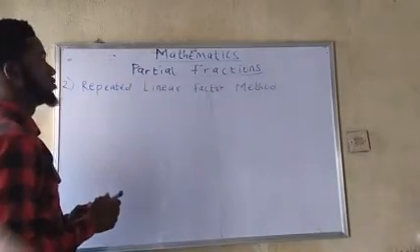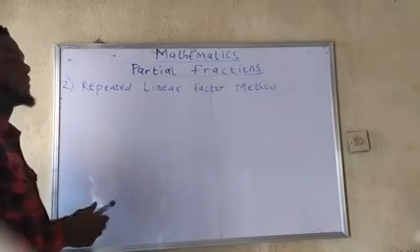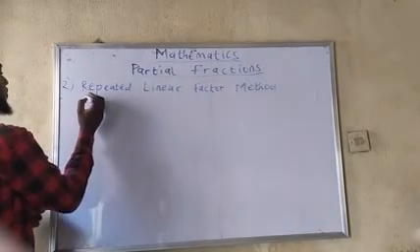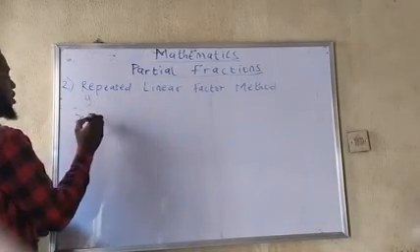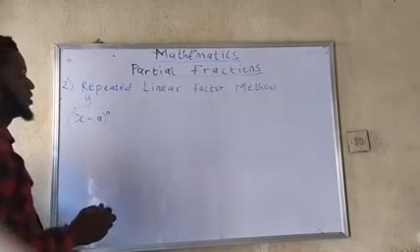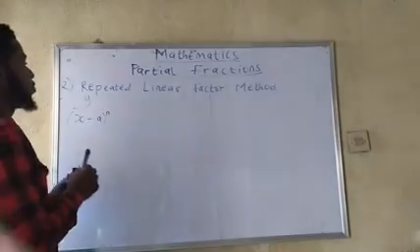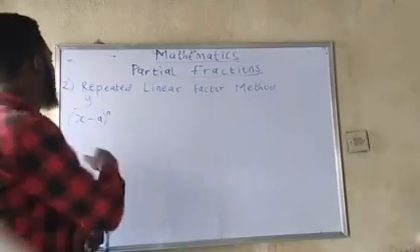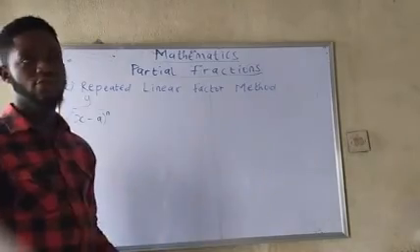For example, let's take the general formula, where we have x minus a, with the power of n. Repeated means it's raised to the power, like you're having a linear factor being multiplied by itself continuously.